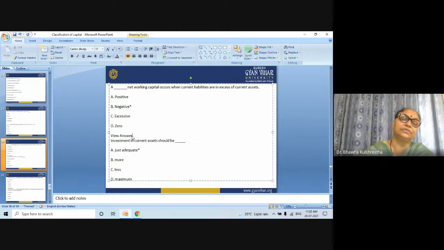The next question: investment in current assets should be just adequate, more, less, or maximum.